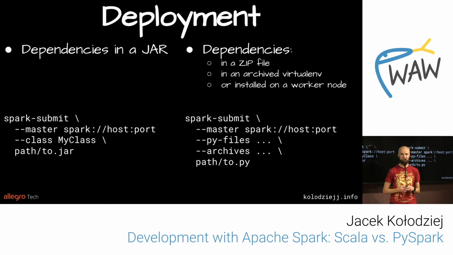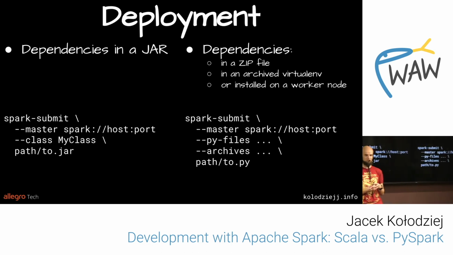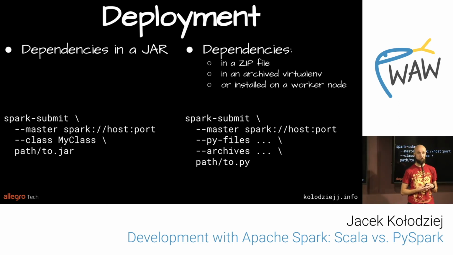In PySpark, similarly, we transfer over any Python files we want. We transfer any archives we want to the cluster. Spark will know what to do with them, and we point it at our main Python module, and again it will run without problems, hopefully.